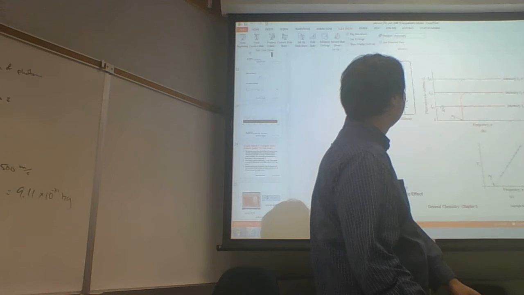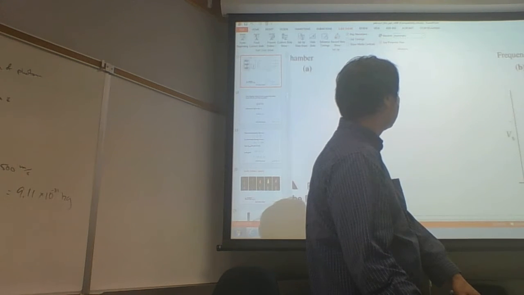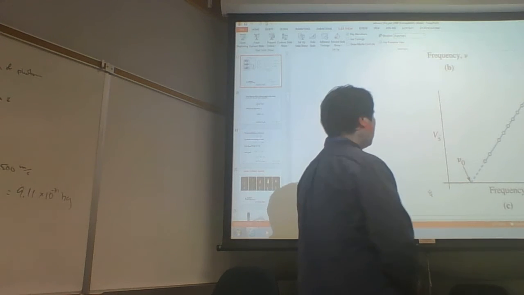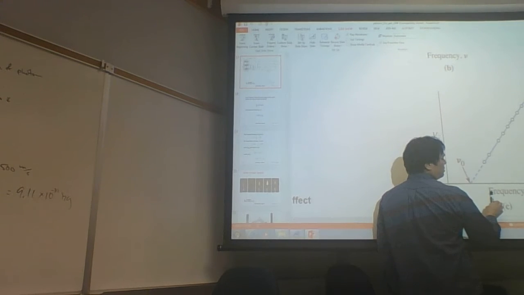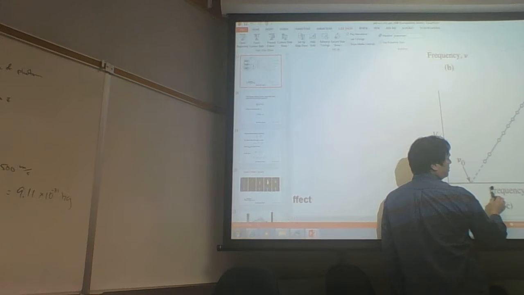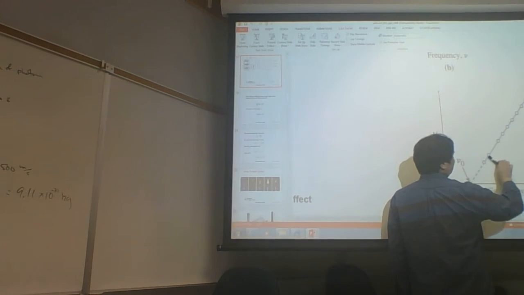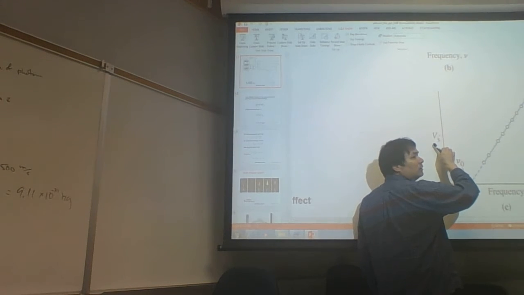We'll ignore this graph here. We're going to take a look at this graph here. This graph shows that the higher the frequency, that is, energy is directly proportional to frequency. So the energy of the photon is equal to h nu. So the higher the energy, the faster the velocity of that electron that's ejected off.